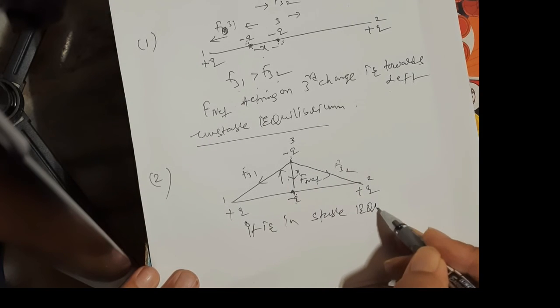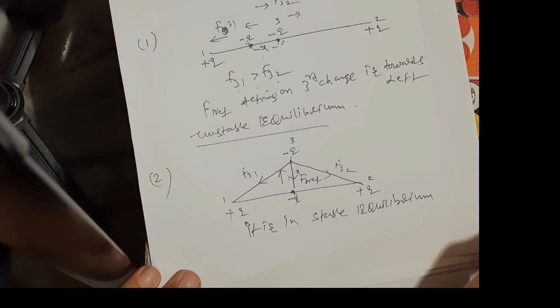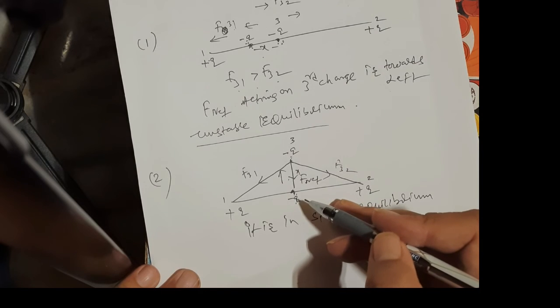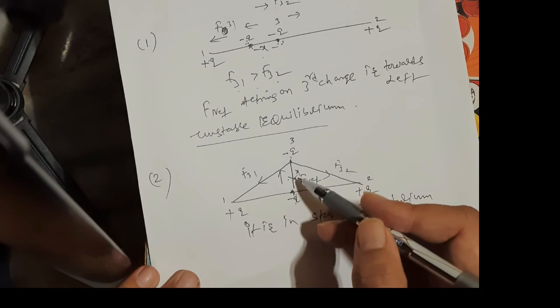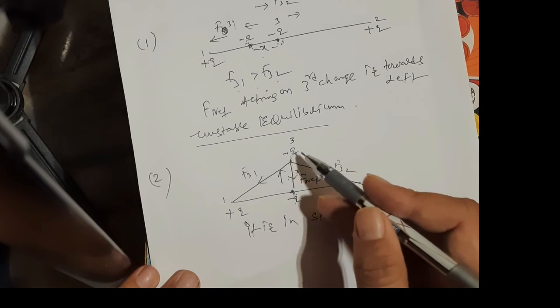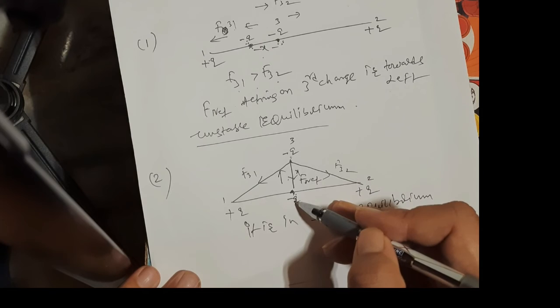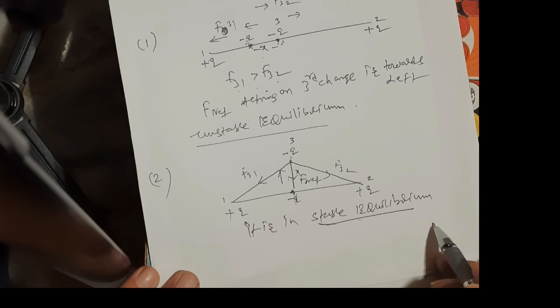What is meant by stable equilibrium? Stable equilibrium means if the particle is displaced from one position, then that particle again reaches the original position. That type of equilibrium is called stable equilibrium.